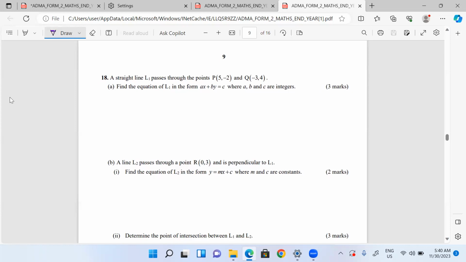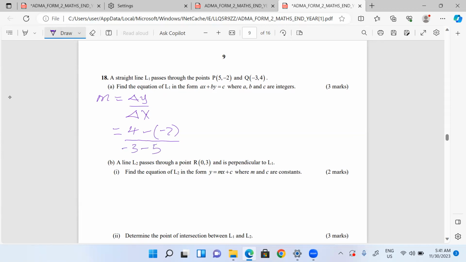The first thing we should get is the gradient. And you know that the gradient is usually given by change in y out of change in x. Therefore, we will take change in y, 4 minus -2, then divided by change in x, which is -3 minus 5.